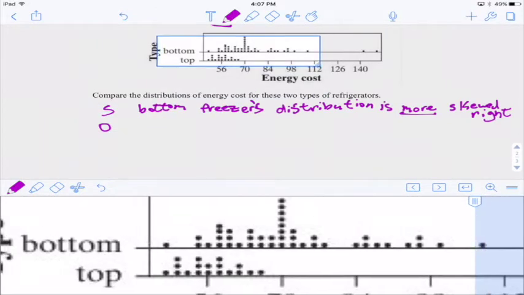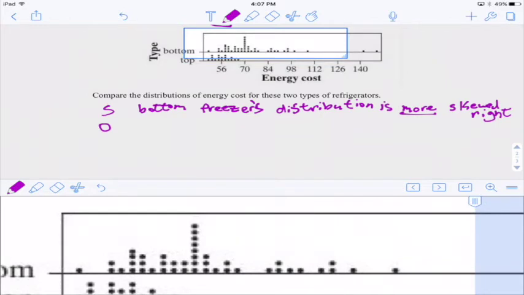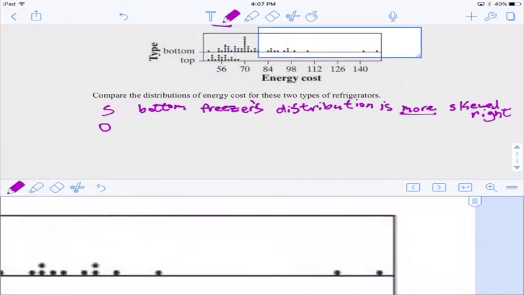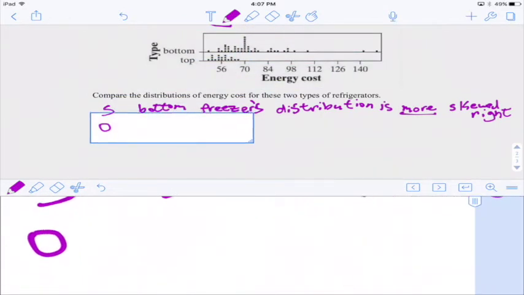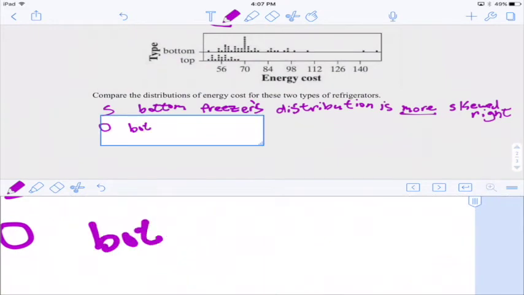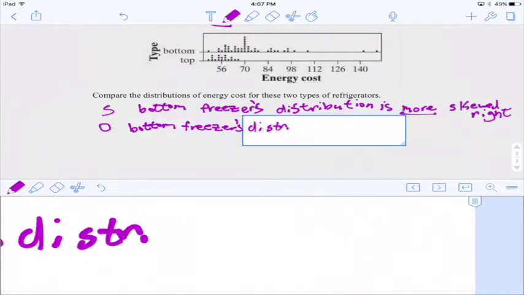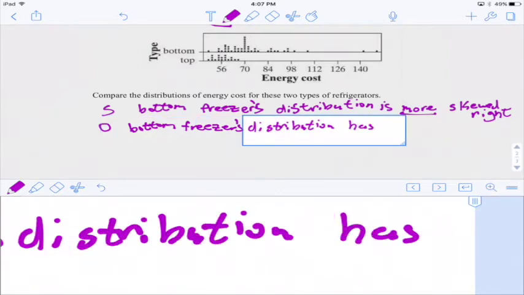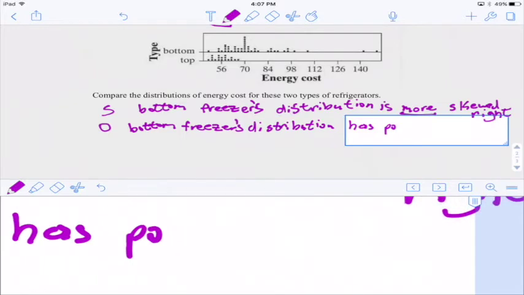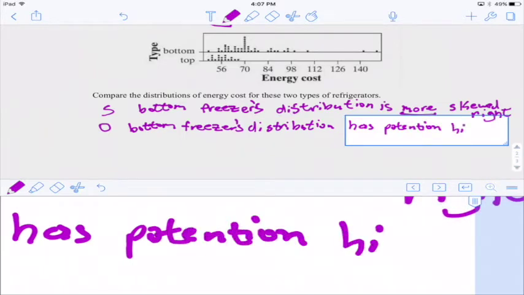O, outliers and unusual characteristics. Again, I would accept a lot of things here, but I would say that there are potential high outliers in the bottom distribution. So the bottom freezer's distribution has potential, because we don't know for sure, high outliers.